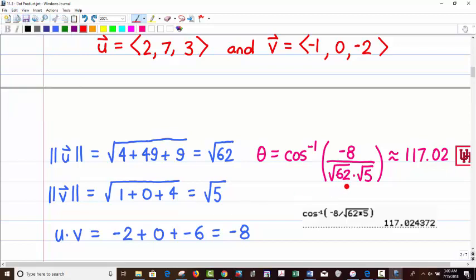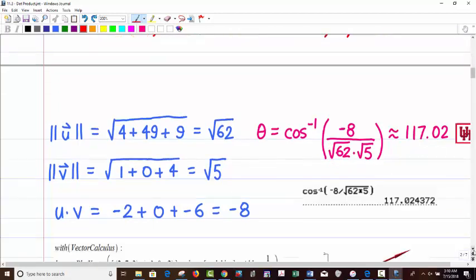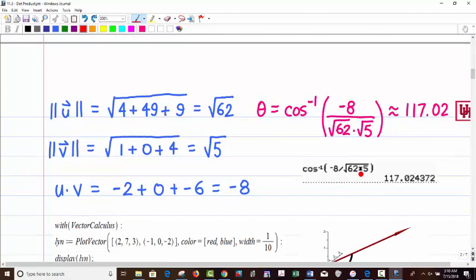And for the angle, I just use 2 decimal places, obviously whatever requirement you use. So it would be cosine inverse of the dot product, negative 8, over the square root of 62 times the square root of 5. Now be very careful when you put this in a calculator. You don't have to do them under the same radical like I did there, but you would definitely need to make sure you had them in parentheses, or some way to make sure you keep both those radicals in the denominator.